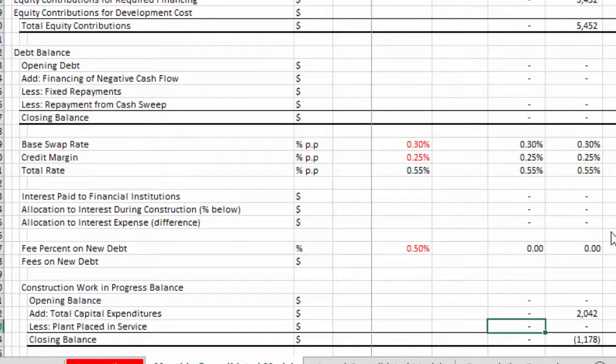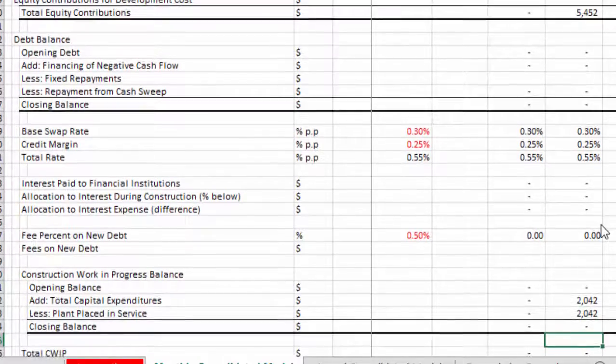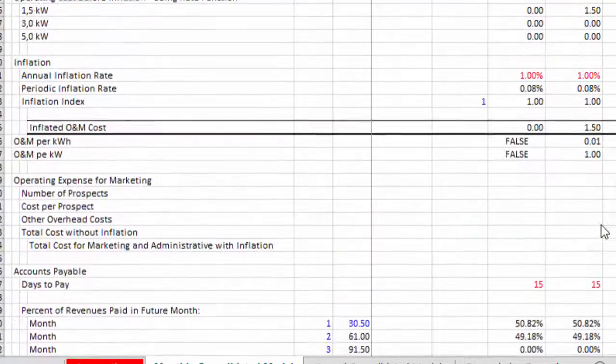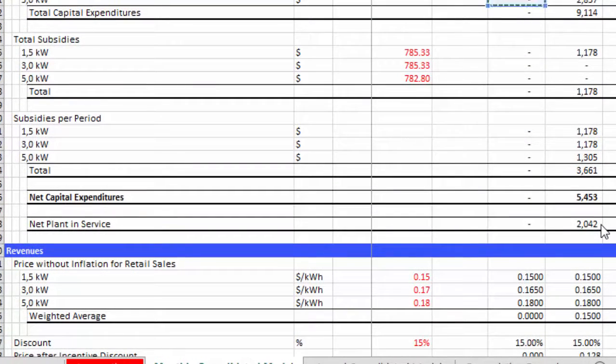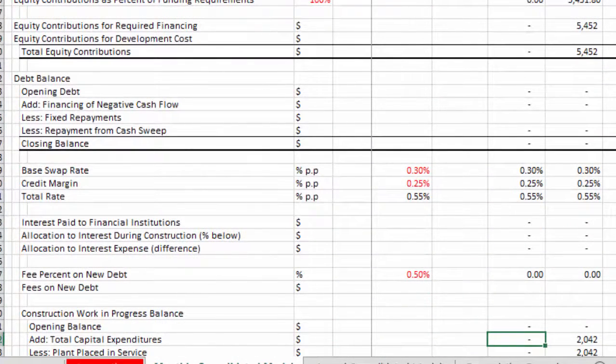I'm going to calculate it. Now what we had here is we have to look at this. The capex sounds wrong too, and I think what I'm going to do is stop here. Okay, and you don't have to see it.